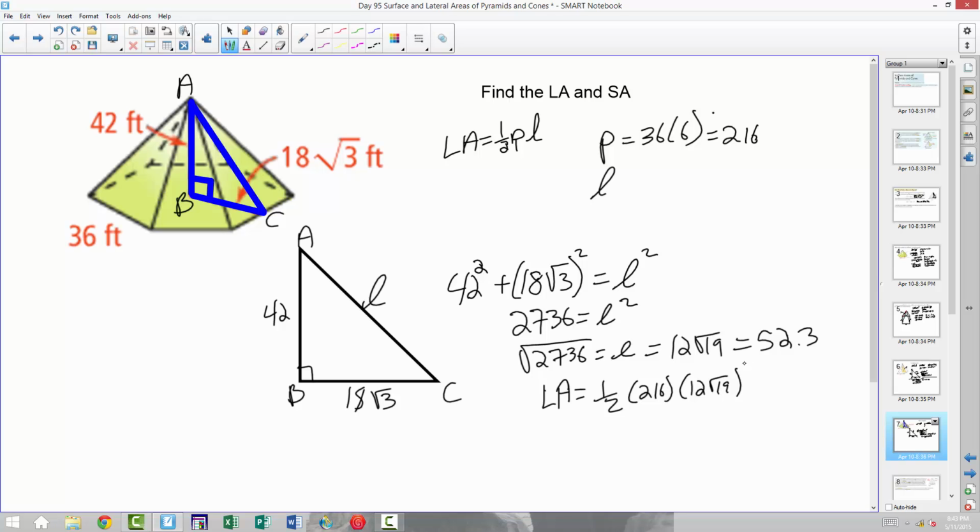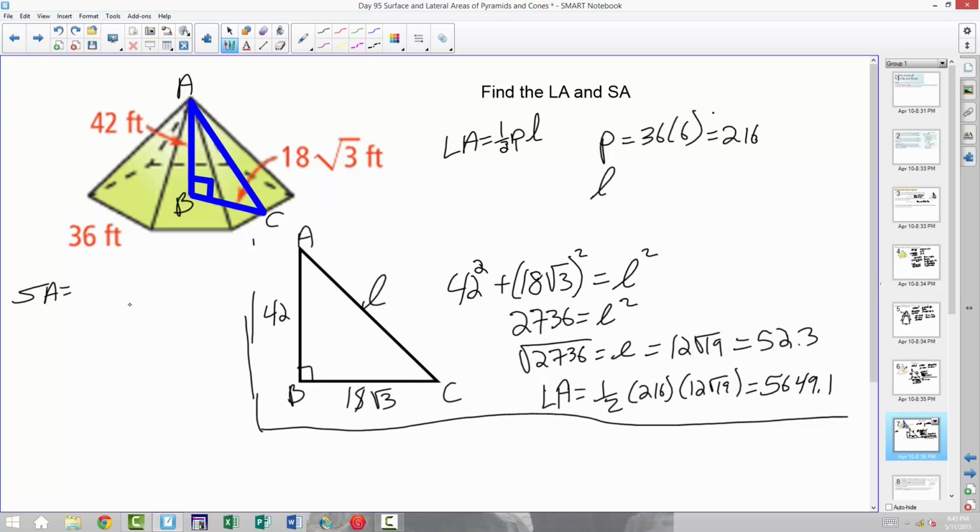And I get 5649.1. So using the Pythagorean theorem to solve for L, I now have my lateral area. So I need my surface area.